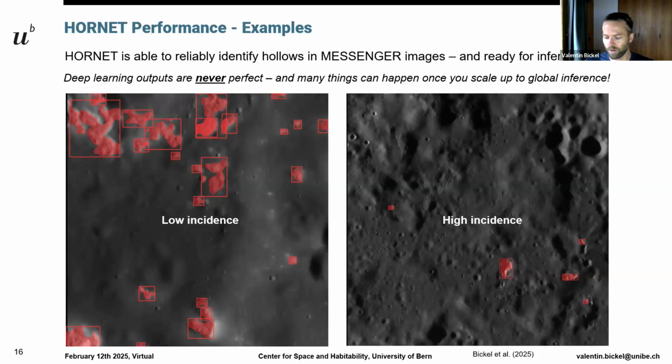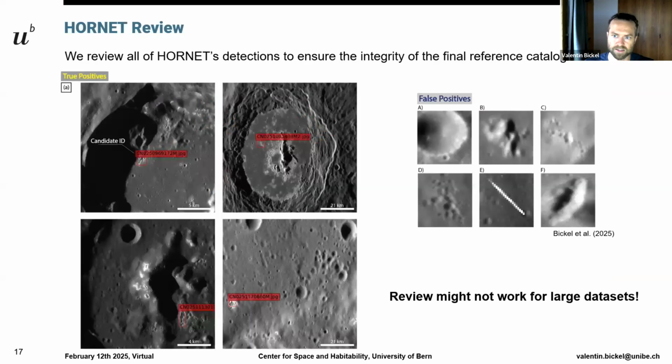And that's also why I would always recommend that you actually review the data once it's produced by your model, if you can. So in the Hornet case, for example, we looked at every single detection. You can do this with a dedicated Python script. You could just bring up the source image, plot the detection on your image, and then assess that with your colleagues in tandem or something like that.